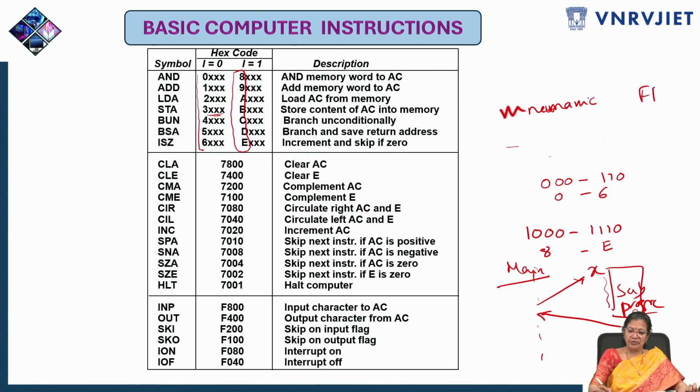Like for FF, if we add 1, it results in 00. If I have to count 2 numbers, I will use FE, and for 4, FC. If I want to count 15 numbers, then I will put F0. Then I will keep incrementing that register and skipping if it is not 0.